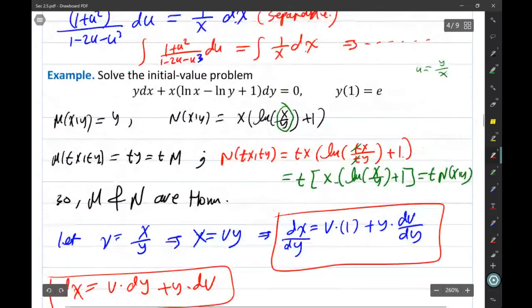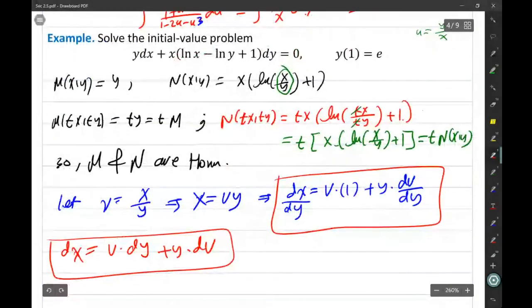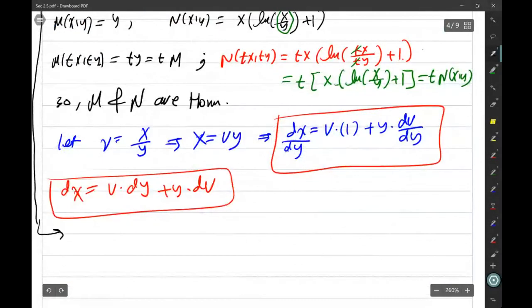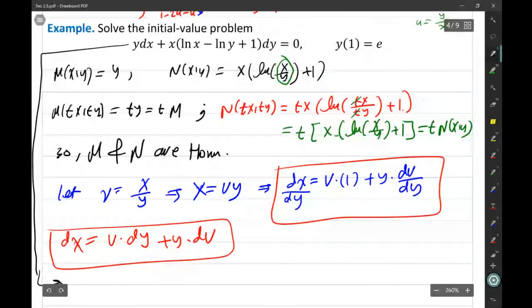Go back to your original equation here, and replace: y times dx, sorry, y times dx.